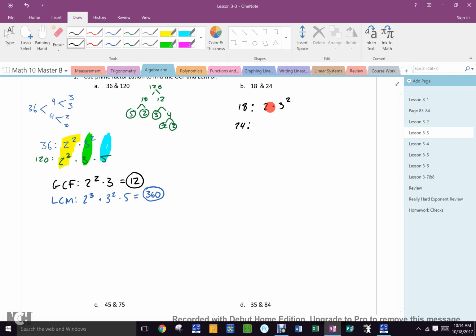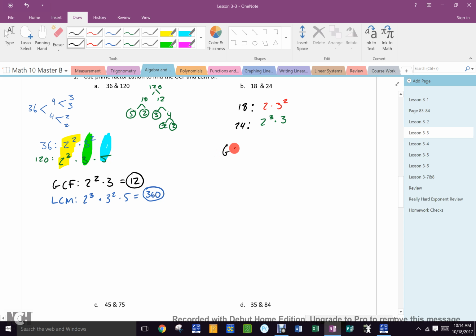Great. What's 24? Pardon me? 2 cubed times 3. Everybody cool? Because 2 cubed is 2 times 2 times 2, which is 8. And 8 times 3 is 24. Everybody got the factors? Okay.